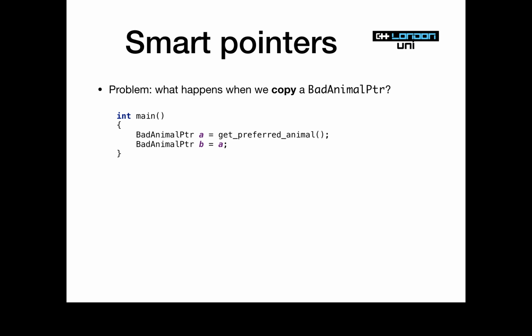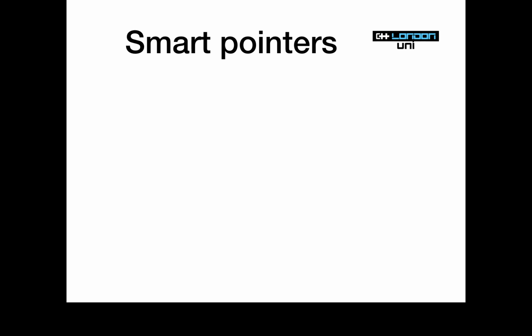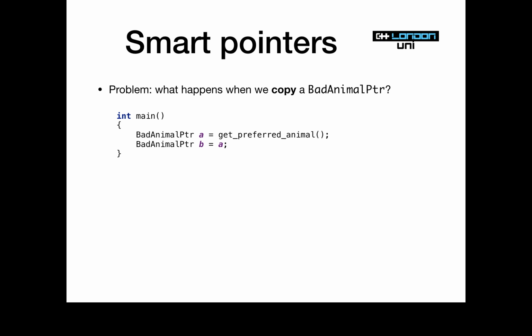Well, something a bit worse than magic, unfortunately. What happens when they both go out of scope? How many actual underlying objects are there? Let's go back a step. What does this line do?